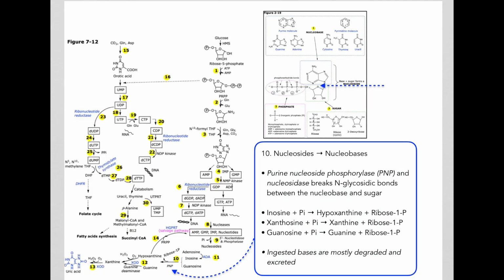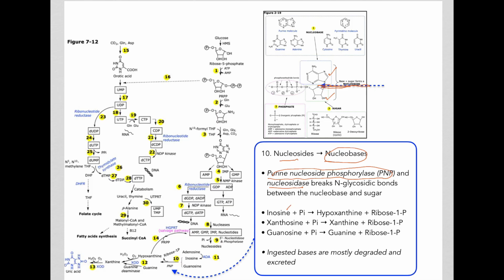The nucleosides that are formed can then be broken down into nucleobases, and this can be done by breaking the N-glycosidic bond between the nucleobase and the sugar. This is carried out by enzymes called purine nucleoside phosphorylases, or PNP, as well as enzymes called nucleosidases.